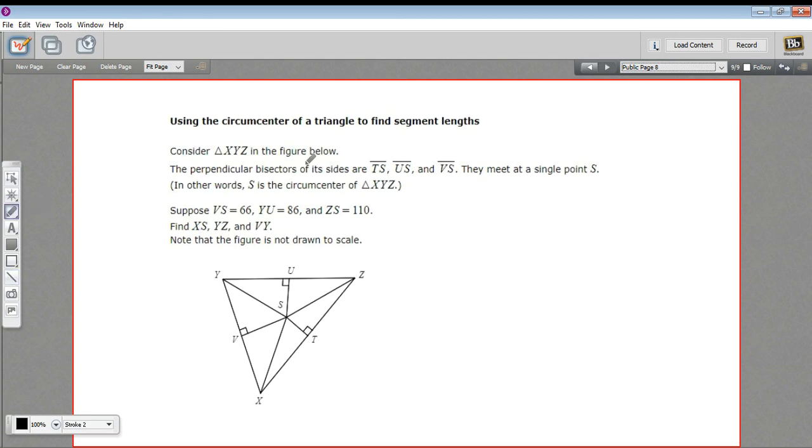So we've got this complex diagram down here. What you can notice is there are perpendicular bisectors in here already. So these guys are perpendicular bisectors. That means this point S in the middle has to be the circumcenter. They've also drawn in lines from each of the vertices to the center. So what that means, since this is the circumcenter, is that each one of these lines is going to be the same.